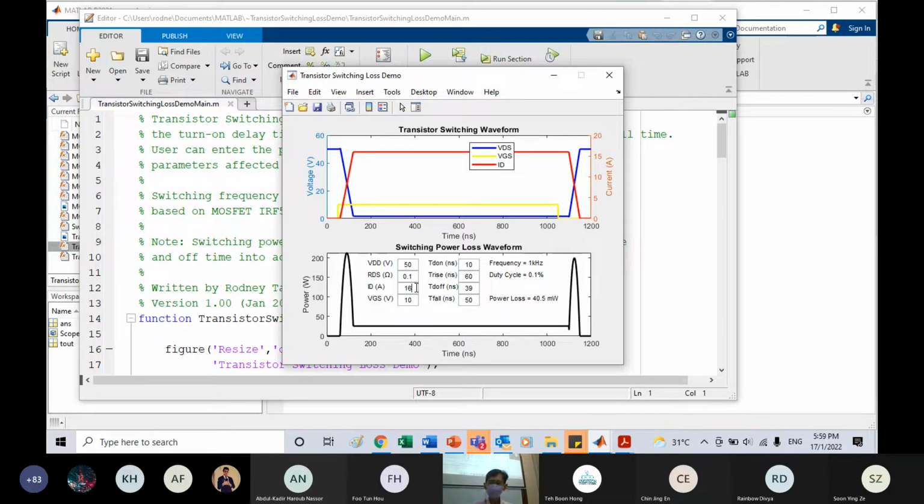So the RDS is also one of the factors that determine the power loss. And let's say if I increase the current, okay, I see it goes over the chart already. And you can see that the power loss also increases.